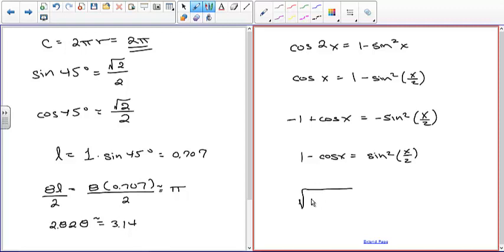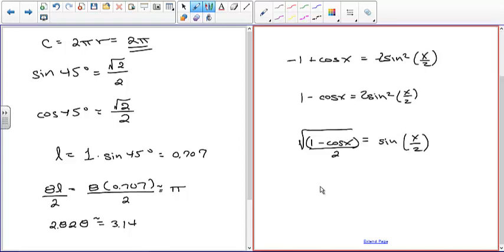So I get the square root of 1 minus cosine x is equal to the sine of x. Oh, and I wrote something down wrong here. So this is 2. So it's 1 minus 2 sine squared x. So this is a 2, and I'm going to divide by 2 here. So the sine of x over 2 is that.